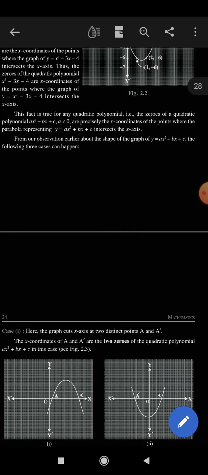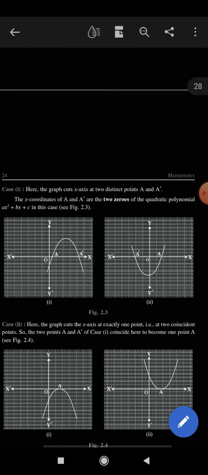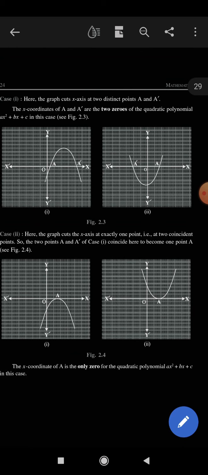From our observation earlier about the shape of the graph of y is equal to ax square plus bx plus c, the following three cases can happen. Case 1. Here the graph cuts the x-axis at two distinct points A and A dash. The x coordinates of A and A dash are the two zeros of the quadratic polynomial ax square plus bx plus c in this case.